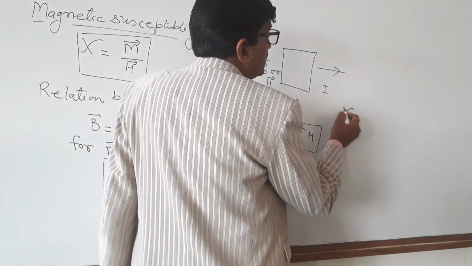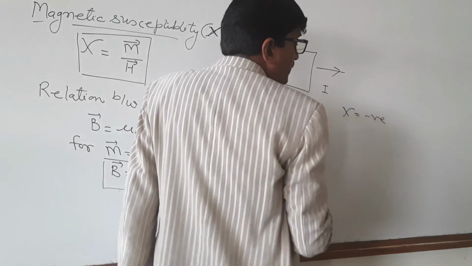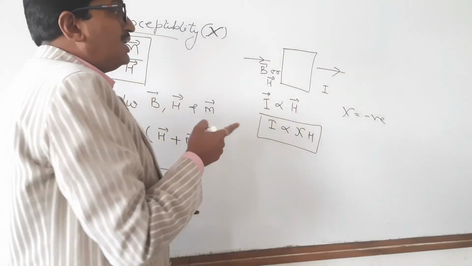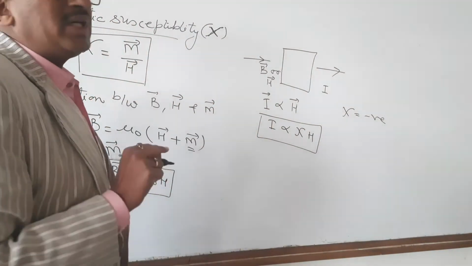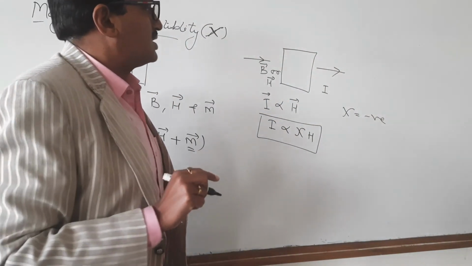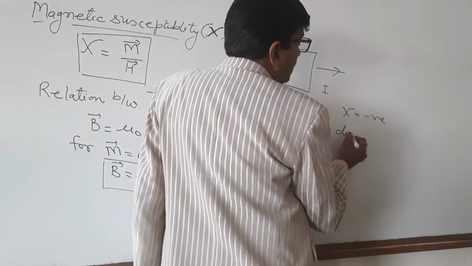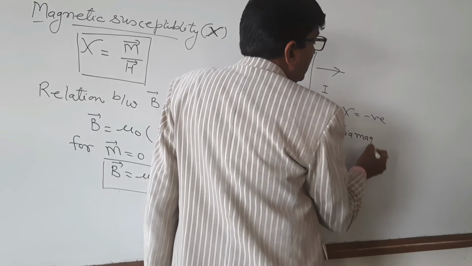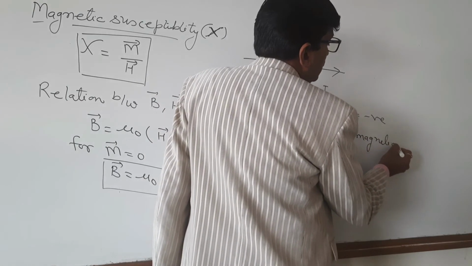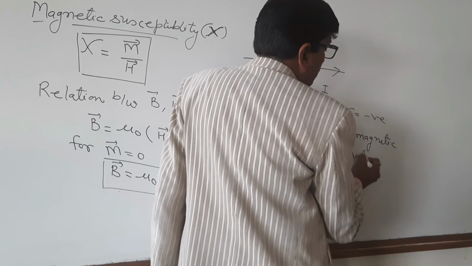If chi is negative, then the material is magnetized in the direction opposite to the applied external magnetic field, and that type of material is known as diamagnetic material.